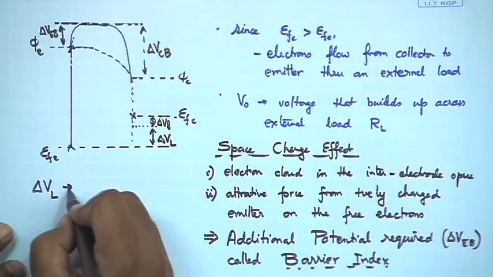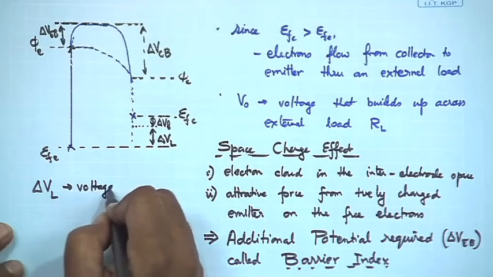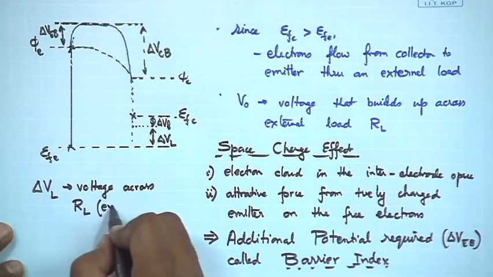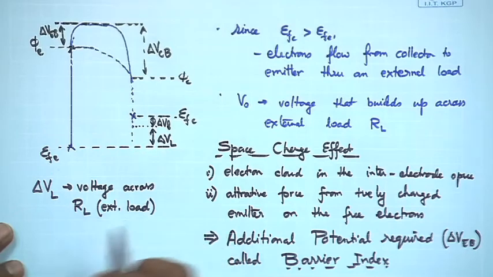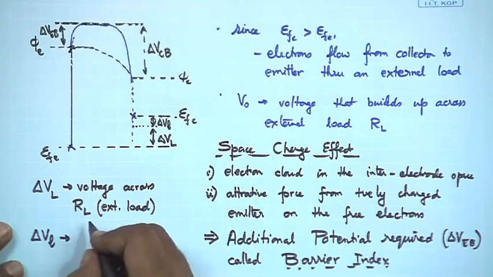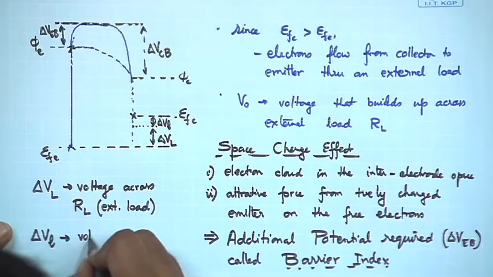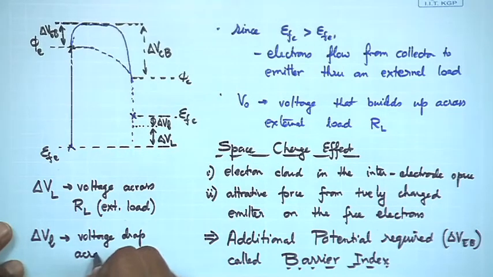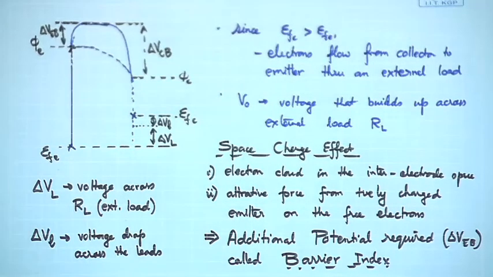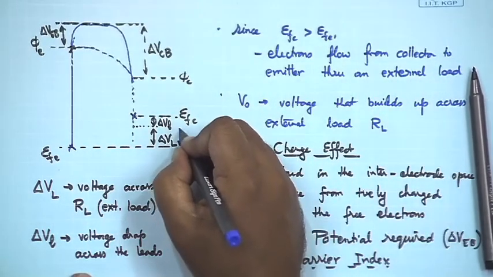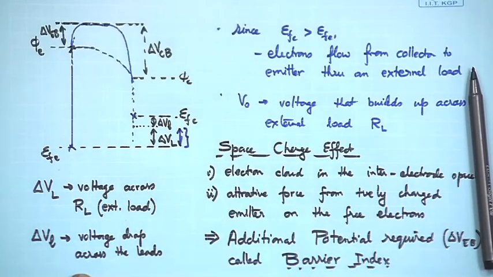Delta V L is the voltage or potential difference across R L, which is the external load, and delta V small l is the voltage drop across the leads or connecting wires. Okay. So, finally, this is what we are going to get.